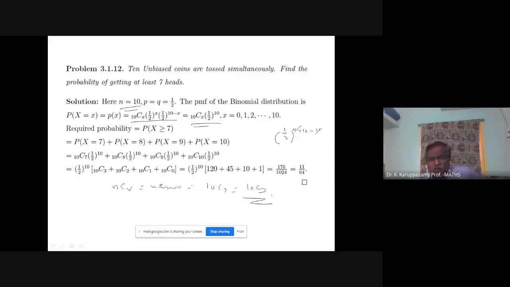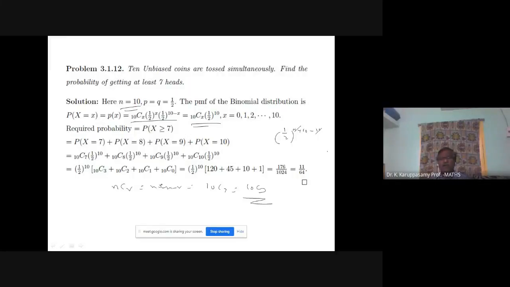Then 10C2, same method. If you apply 10C2, it is 45. 10C1 is 10. 10C0 is 1. So let us simplify 120 plus 45 plus 10 plus 1.